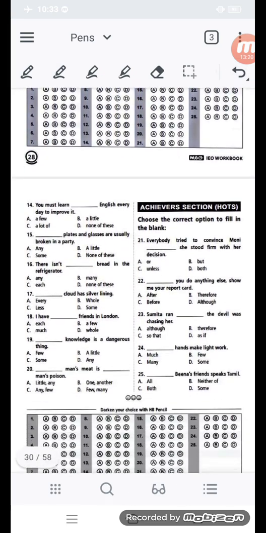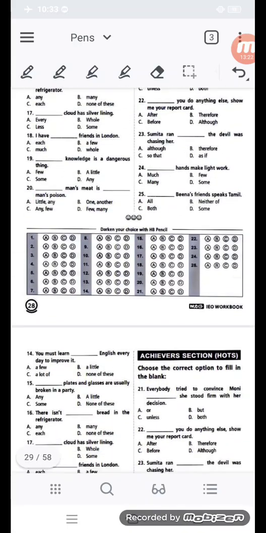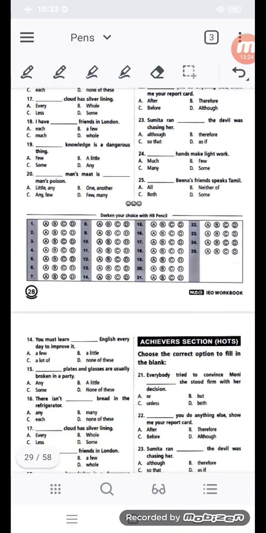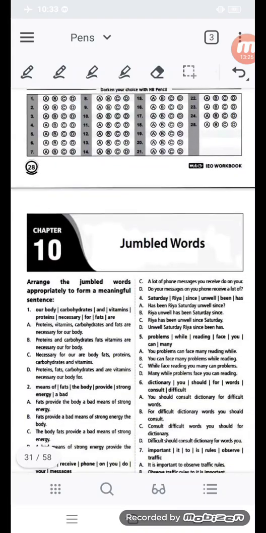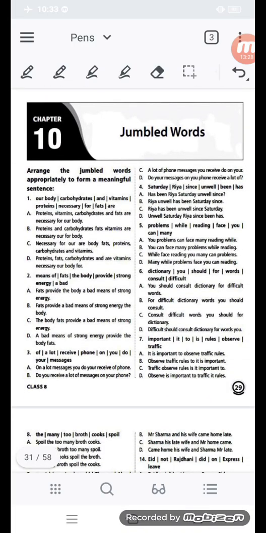Now the next chapter. Jumbling words are given. Actually, here you have to read every word, and jumble words are given.